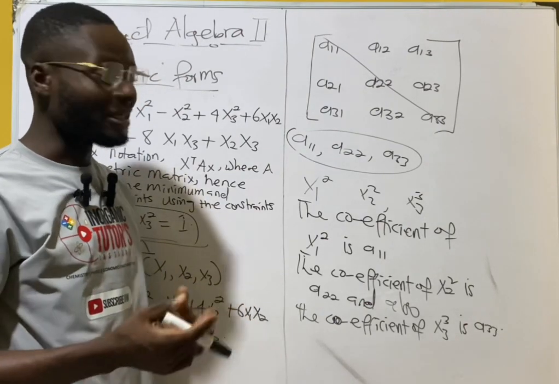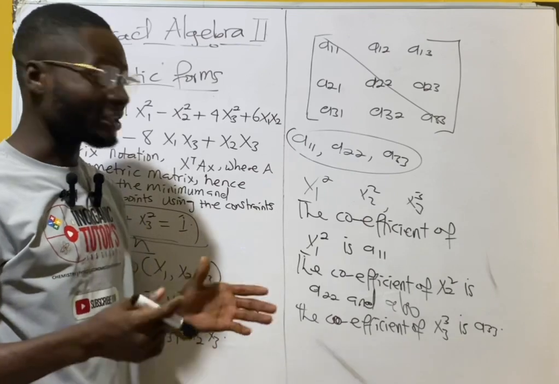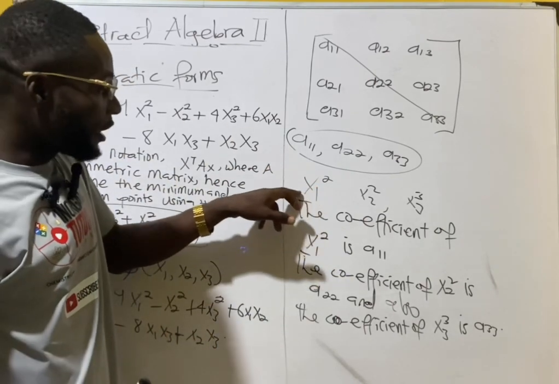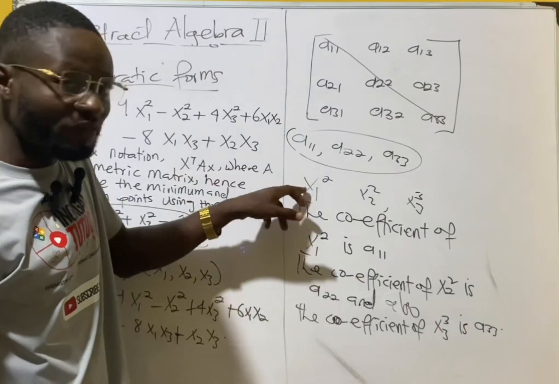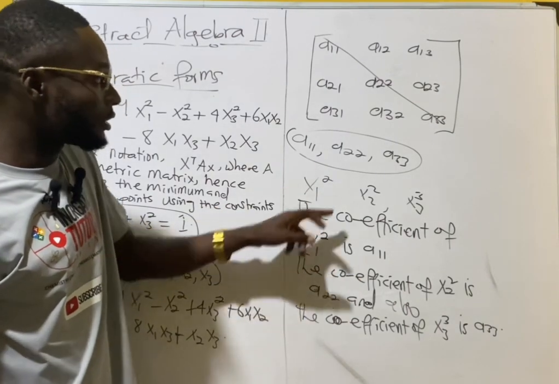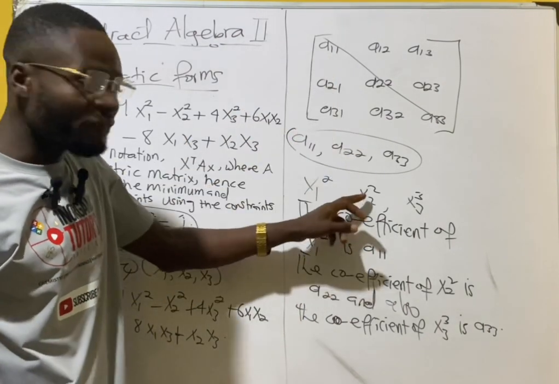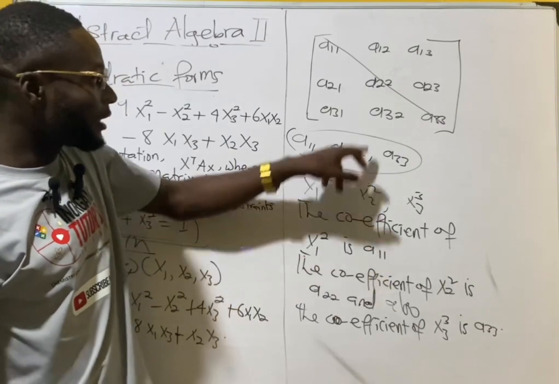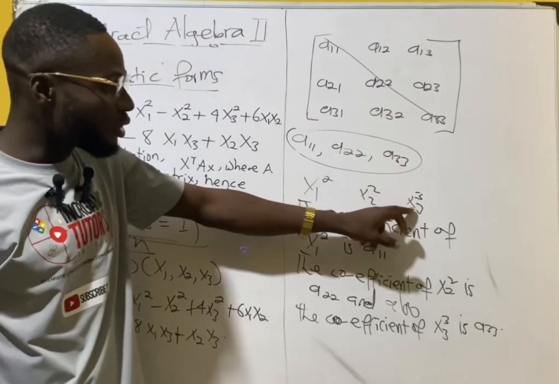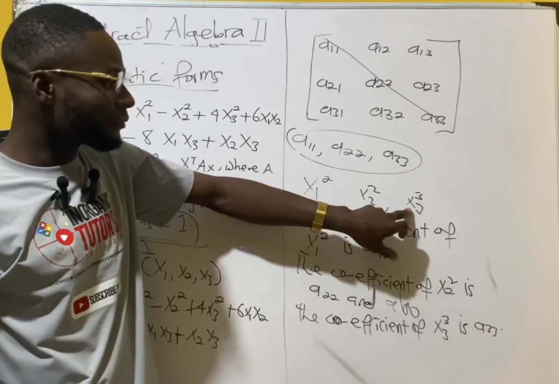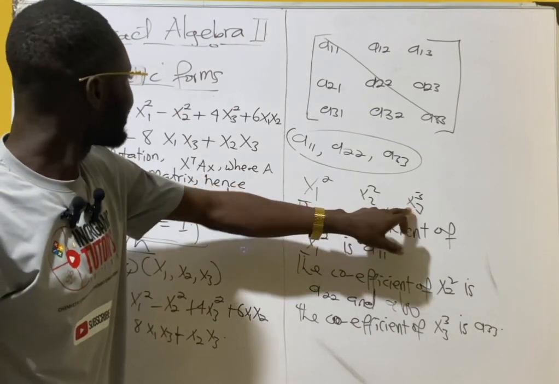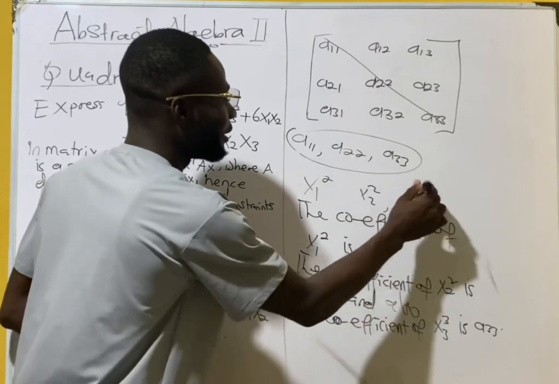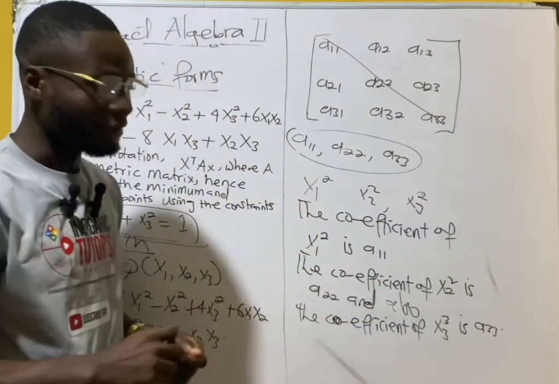The rest is just addition and subtraction. So you know that the coefficient of x1 squared is what? A11. The coefficient of x2 squared is what? A22. The coefficient of x3 squared is A33, right?